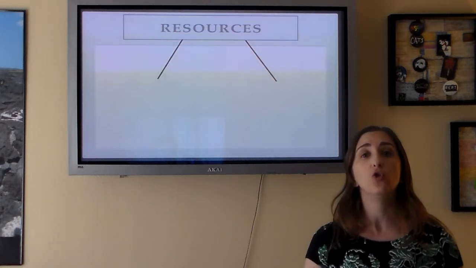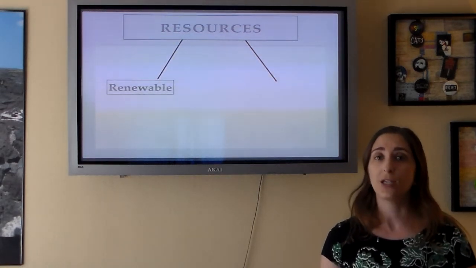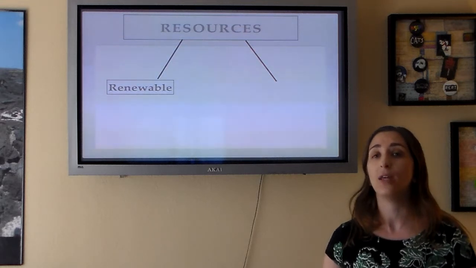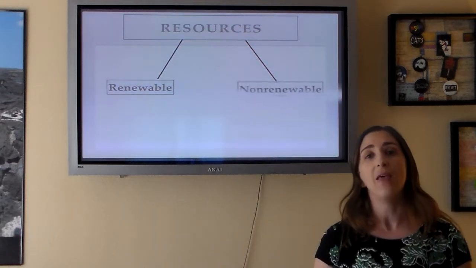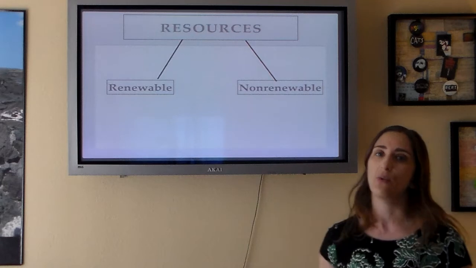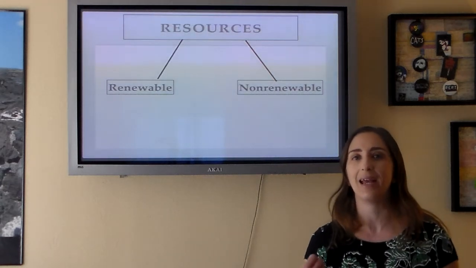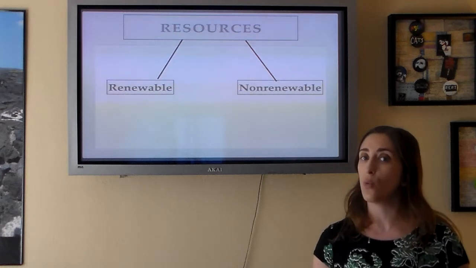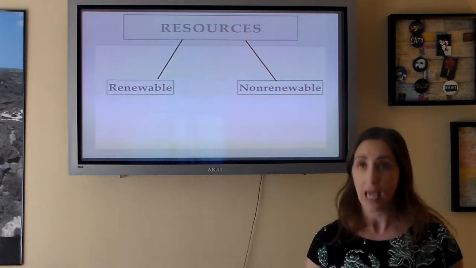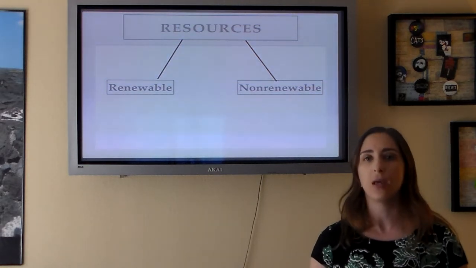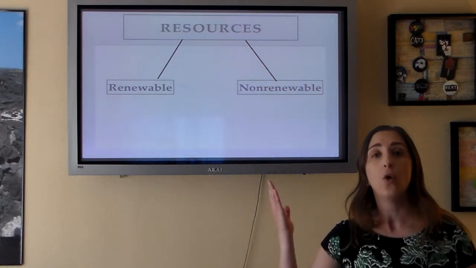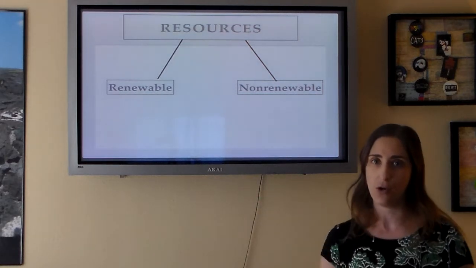So that gives us two different categories. We're going to be talking today about what makes a resource renewable and then what makes a resource non-renewable. And again, this all has to do with how quickly can I get some more. Are there different ways to classify resources? Yes. We're going to focus on these two categories though, renewable and non-renewable.